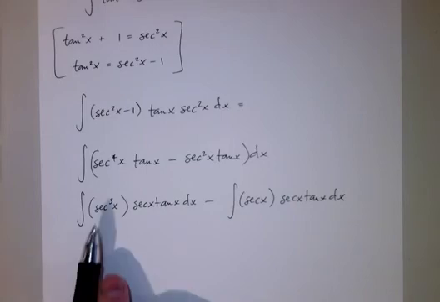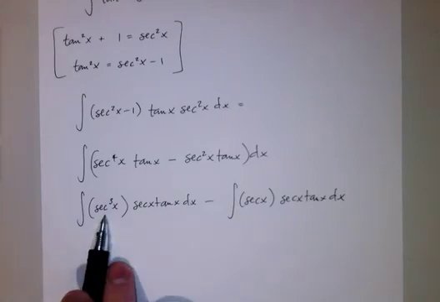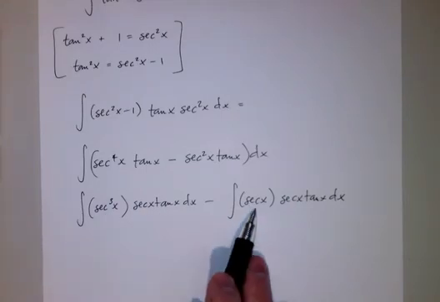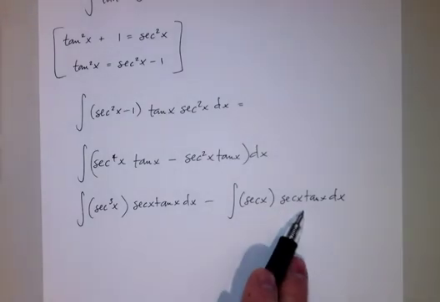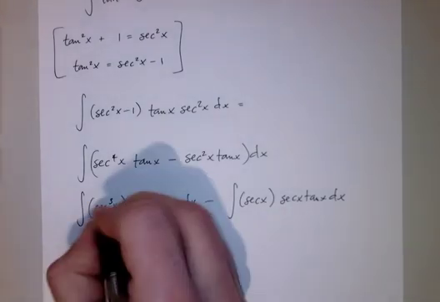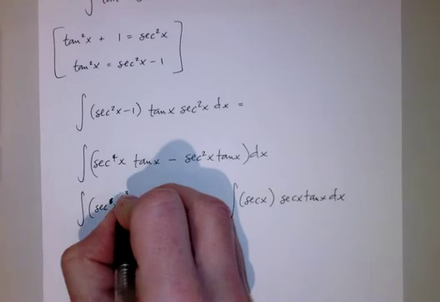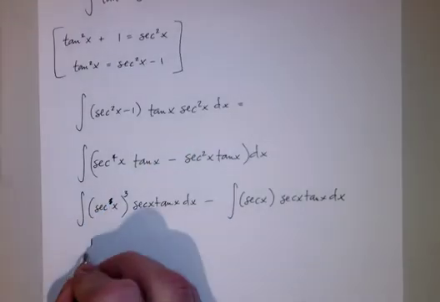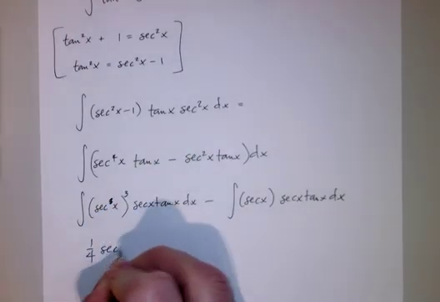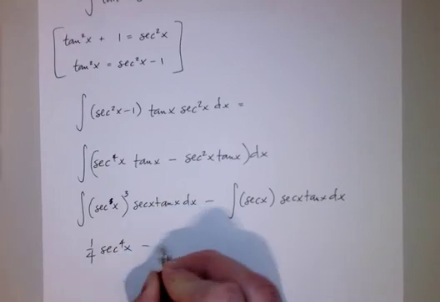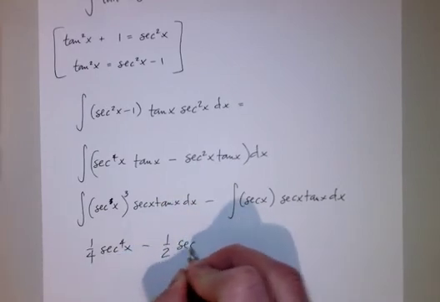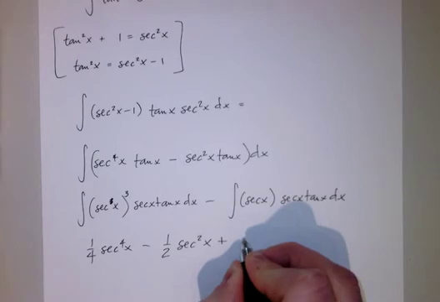That winds up being u cubed du minus u du. So let's go ahead and just take that cubed and pop it out here. That winds up being 1/4 secant to the fourth x minus 1/2 secant squared x plus c.